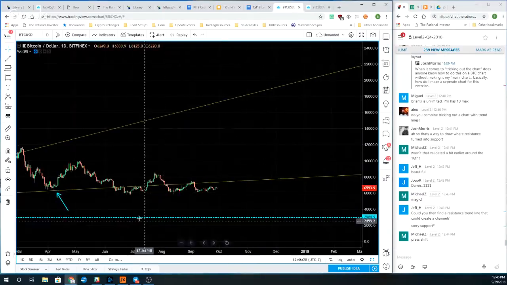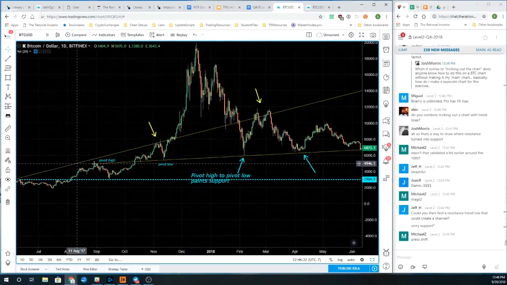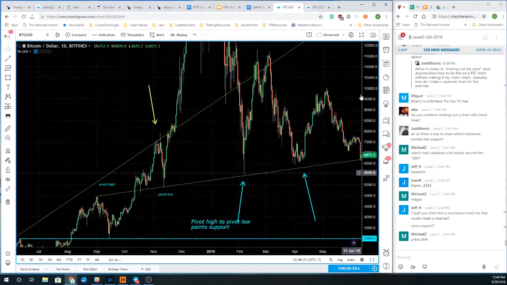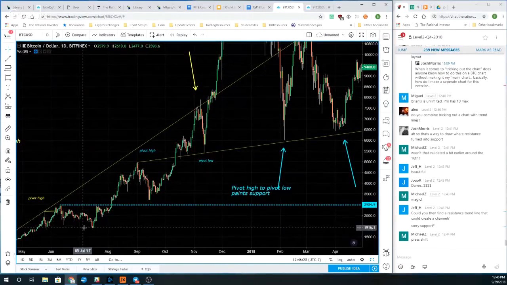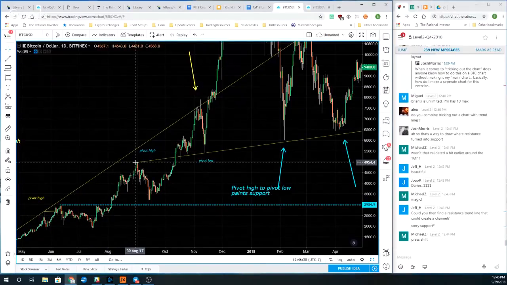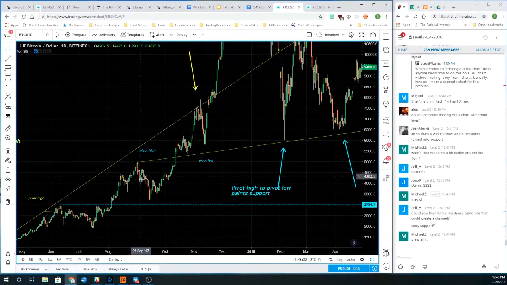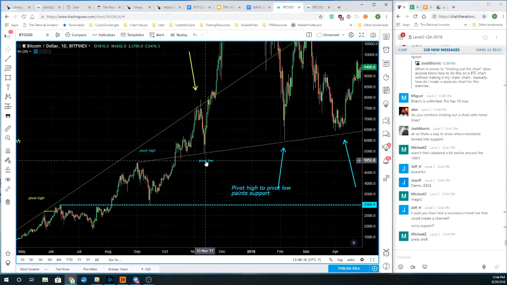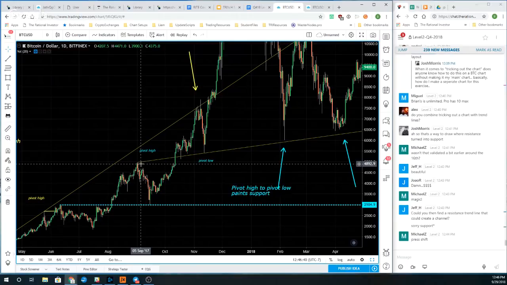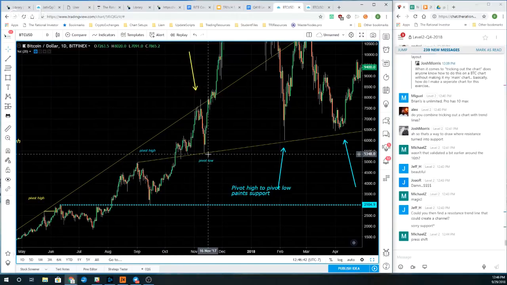I also did another one, and this happens to be off of this one, where we can actually see, again, we've gone and asked, okay, I have a pivot high. The market pulled back, made a new high, then pulled back, made another new high. So now I have a pivot high and a pivot low to work with.